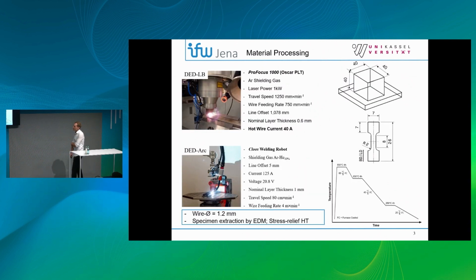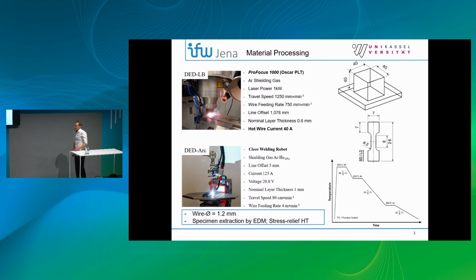So, the material has been processed using the DED LB as well as the DED arc process, and we manufactured some plain cubes and extracted the specimens via EDM. For the DED LB experiments, we used a ProFocus 1000 deposition head from Oscar PLT.